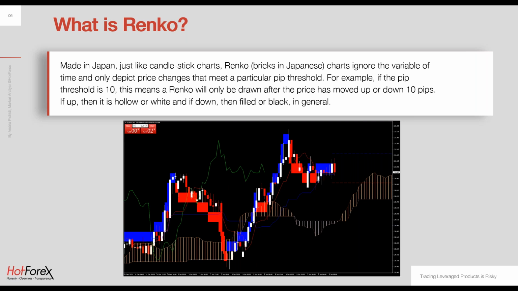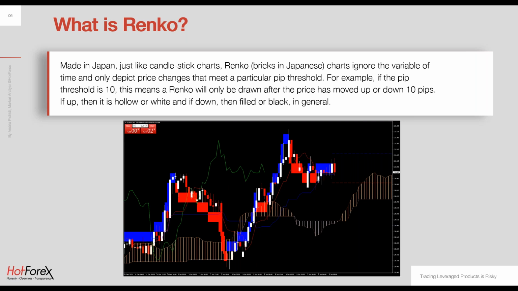So just to let you know guys, Renko is quite preferred. The advantage of Renko is that it filters out noise and helps you to see the trend more clearly.